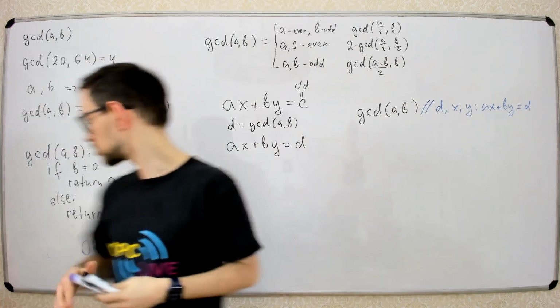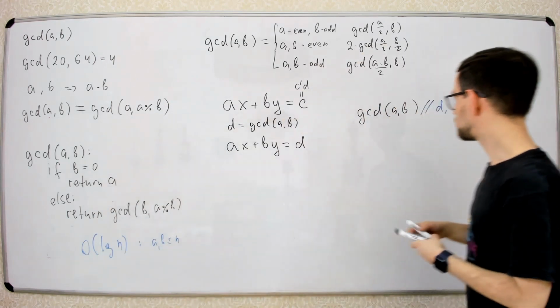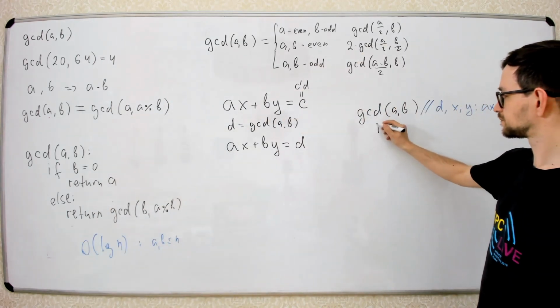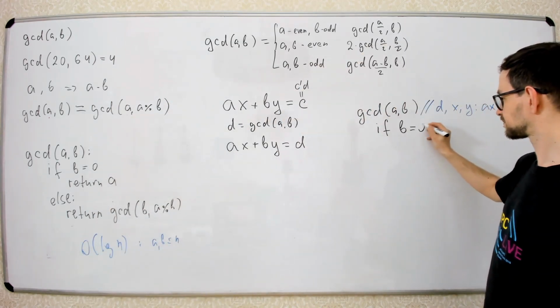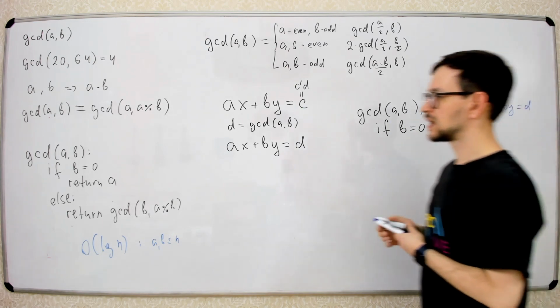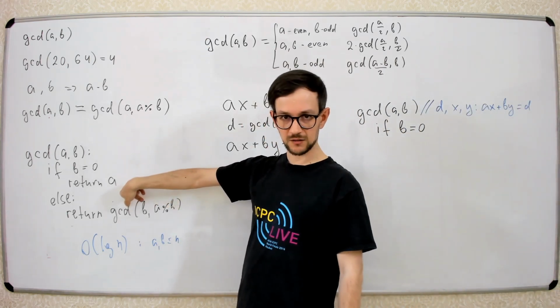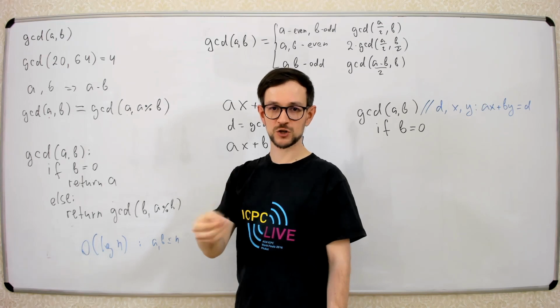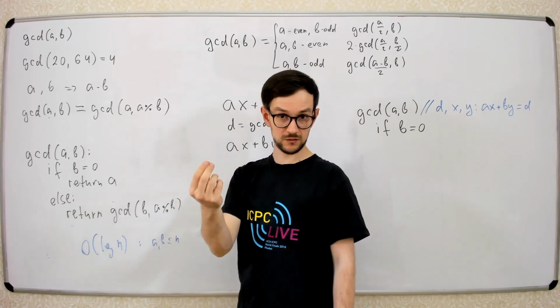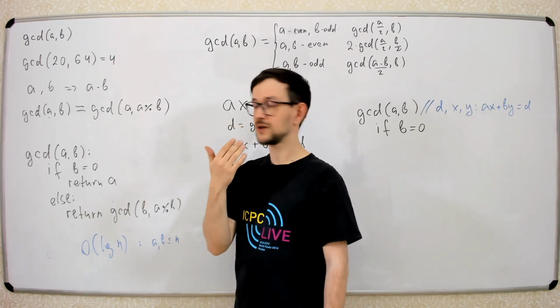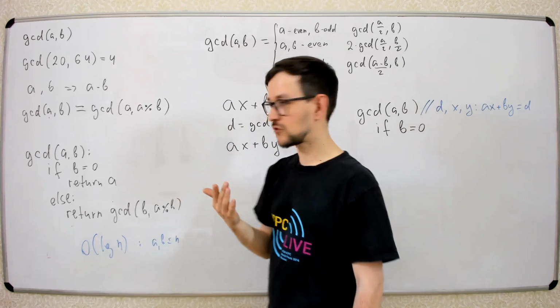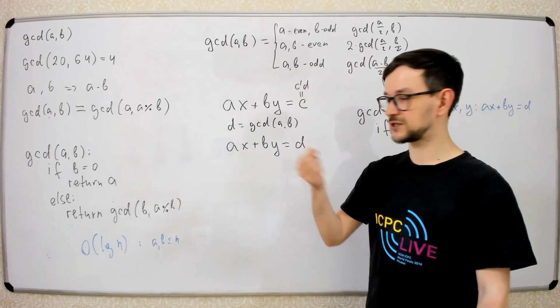Again, let's just rewrite this thing. So if b equals 0, then the greatest common divisor is a. We need to find a linear combination of a and b which gives us a. It's pretty simple. What linear combination gives you a? Well, for example, 1 and 0.